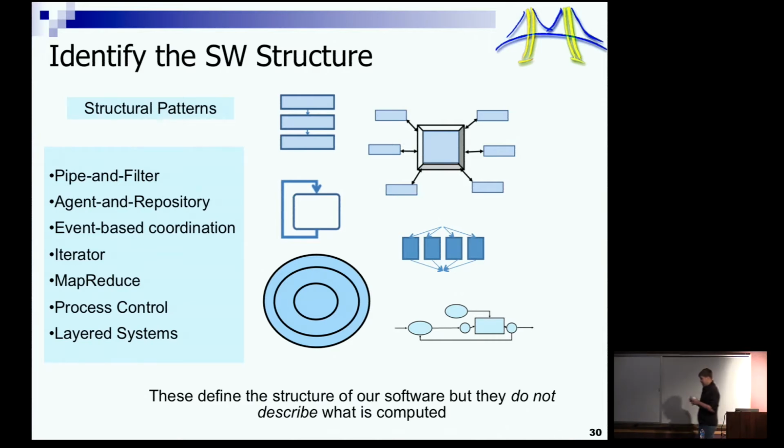Okay, so the structural patterns, as I said, are how you identify structure in your software. They include pipe and filter, agent repository, iterator. Some of these I'm sure you're very familiar with. MapReduce, layered systems, and process control. They describe the structure, but not what actually happens.